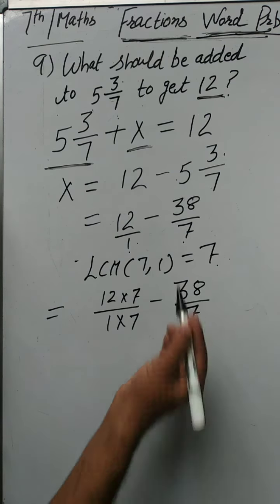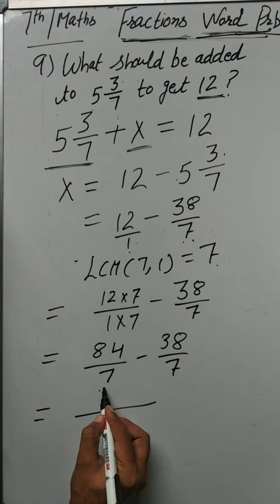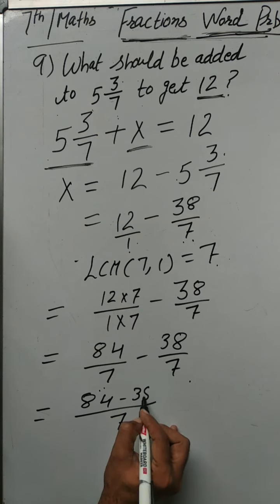Now beta, 12 7s are 84 upon 7 minus 38 upon 7. Now the denominators are equal. That means your LCM 7 will be written one time only here. And here beta, 84 minus 38.